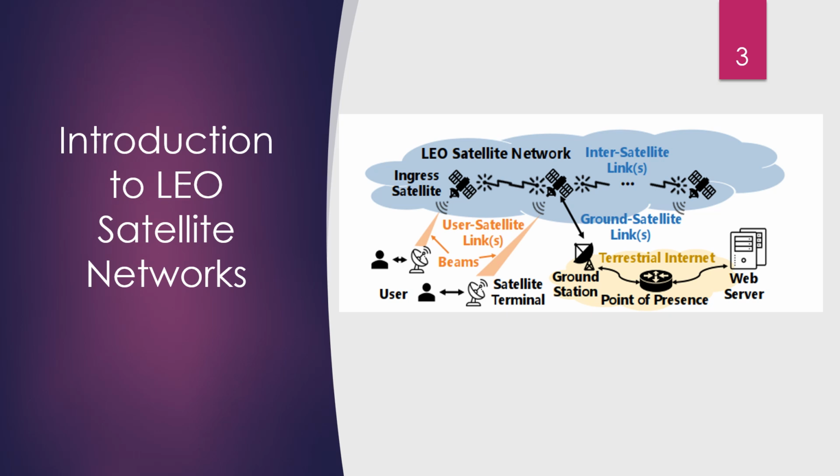The data is then sent via a ground station link to the terrestrial internet, ultimately reaching the web server. While this design achieves low latency communication, the frequent handovers and dynamic routing present stability challenges, something SatGuard is designed to improve.